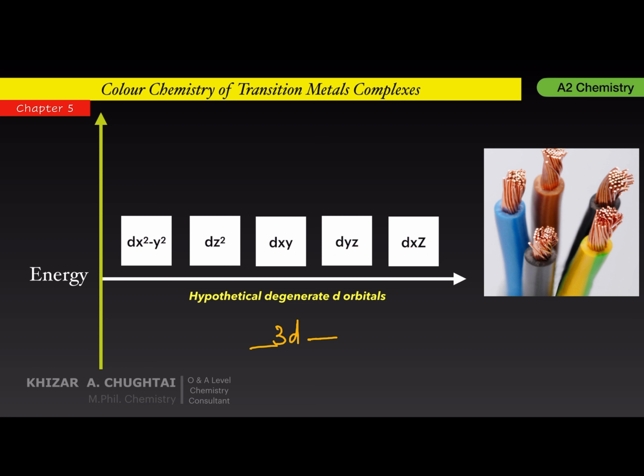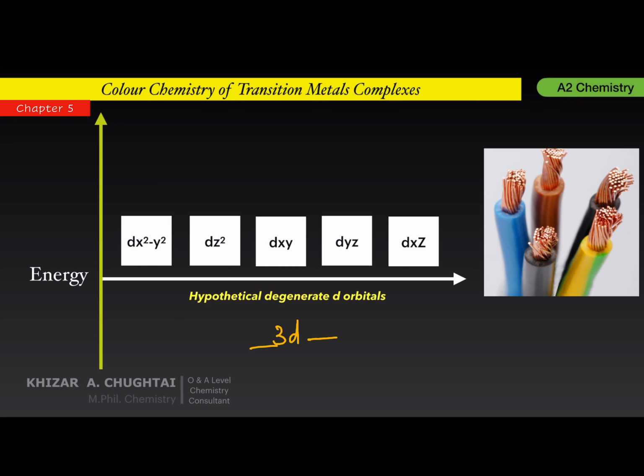They all lie at the same energy level. If the orbitals have the same energy, they are said to be degenerate orbitals. This is the story before making any sort of complex. In the pure copper metal ion, these orbitals lie on the same energy axis.